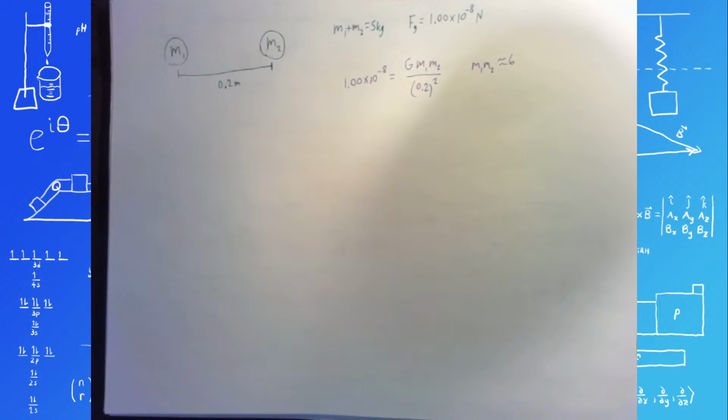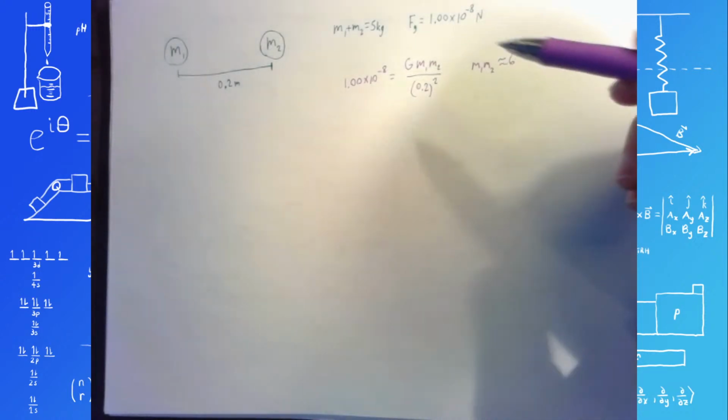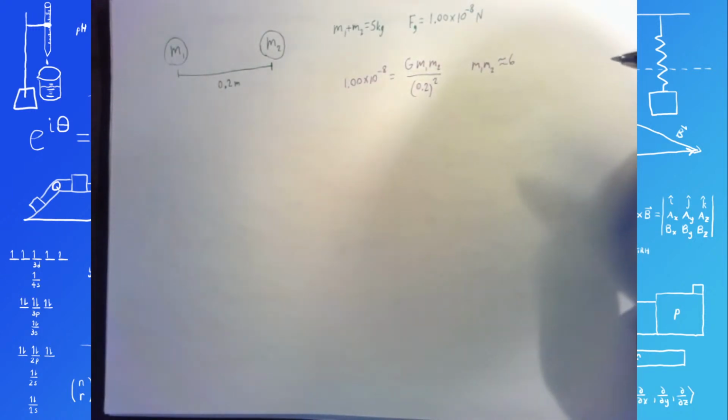Getting 5.99, you can just kind of feel when you do enough problems within a textbook. You can just kind of feel when some of the numbers that you get are very intentional by the author. And this is one of those moments. So M1 plus M2 is 5, but M1 times M2 is 6.